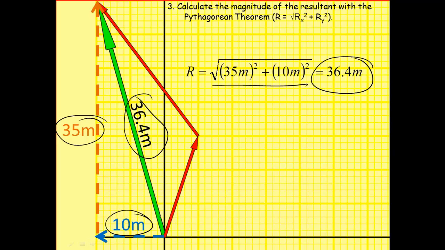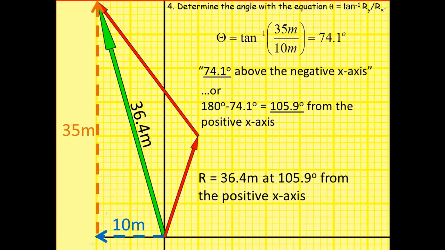So let's start by finding this angle here, the angle from what we'll call the negative x-axis. From the negative x-axis, we would use this equation where we take the inverse tangent of the opposite side.